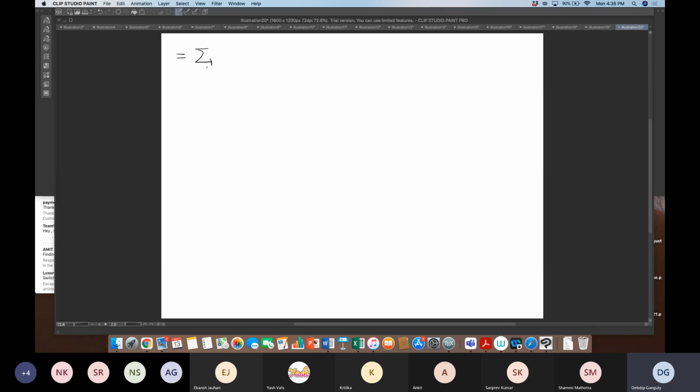So again I am writing: summation over mod alpha less than or equal to n, d alpha f of x naught by alpha factorial, x minus x naught to the power alpha, plus 1 by n factorial, integral 0 to 1, (1 minus t) to the power n, summation over mod alpha equal to n plus 1, mod alpha factorial by alpha factorial, d alpha f of x naught plus t of x minus x naught, into x minus x naught to the power alpha.